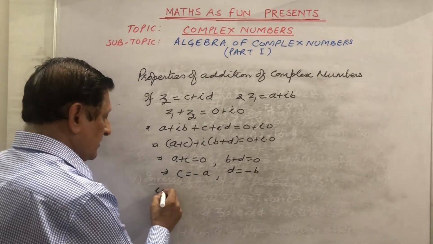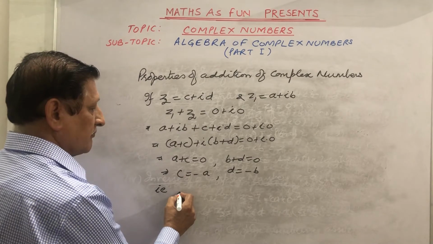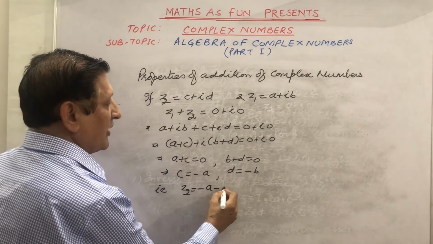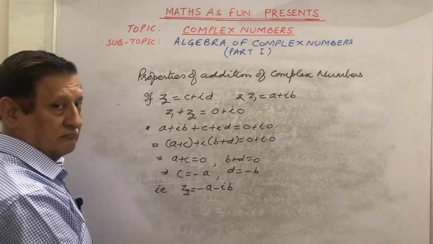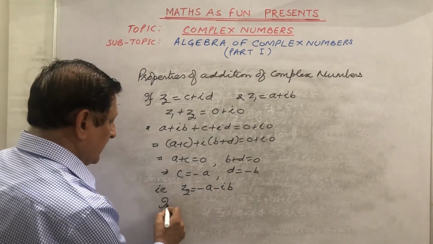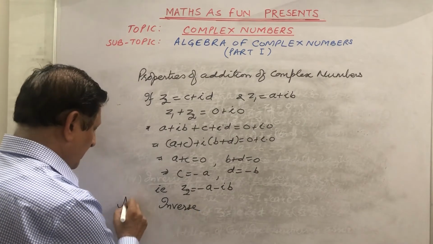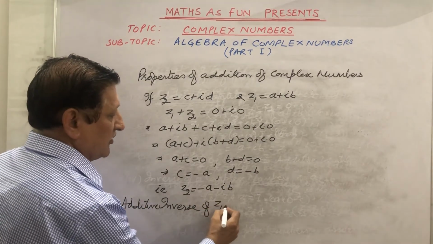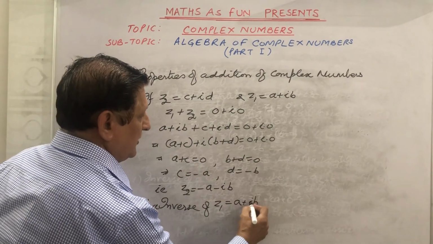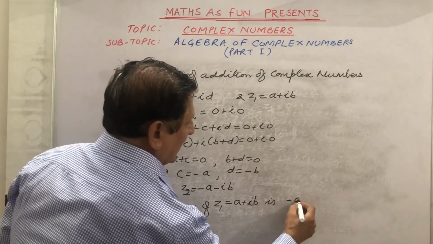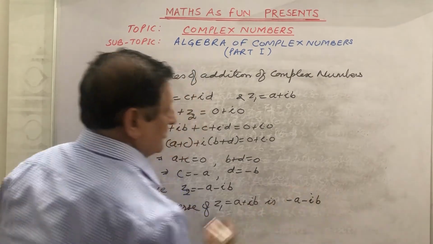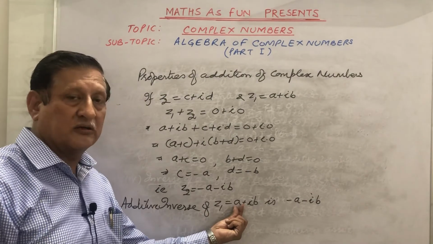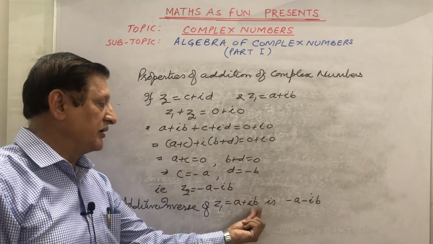It means that Z2 is equal to minus a minus iota b. So we can write the additive inverse of Z1, that is a plus iota b, is minus a minus iota b. The real part of that will be negative of this real part and imaginary part will be negative of this imaginary part.